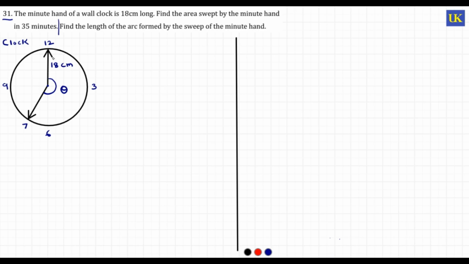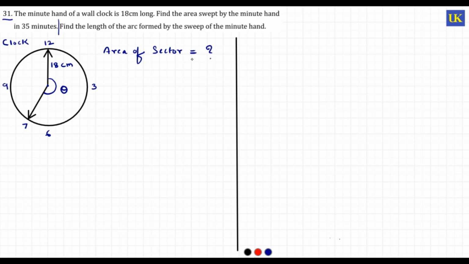So we have to find the area, from start, this portion what I have covered, this angle. This entire portion is what we have to find out, how much is this area which is covered by this minute hand. So basically they are asking us to find the area of sector. So in the first question we have to find the area of sector.